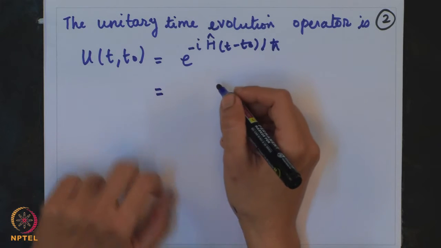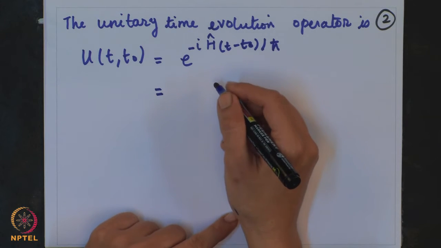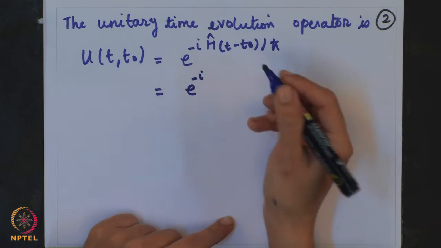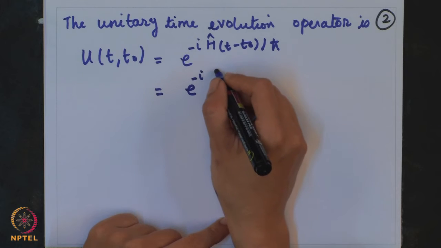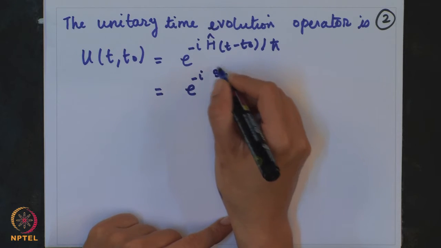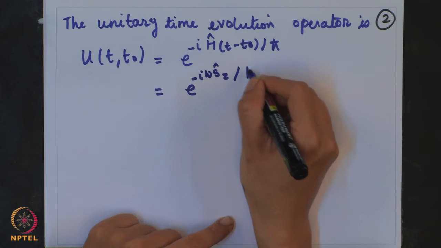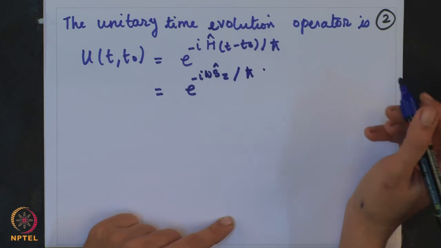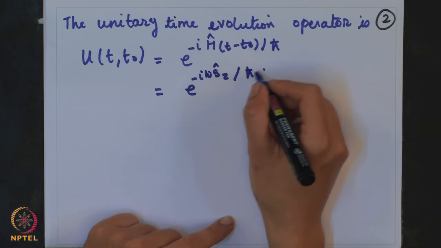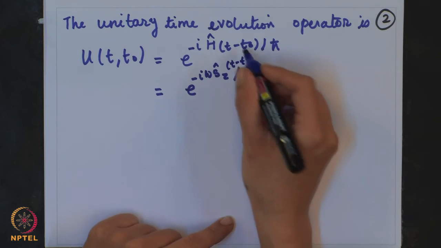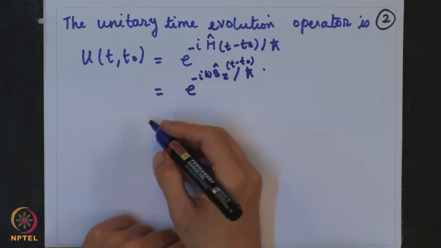And we know the form of the Hamiltonian operator, it is omega Sz. So, e raised to minus i Sz times omega upon h cross into the factor (t minus t naught).